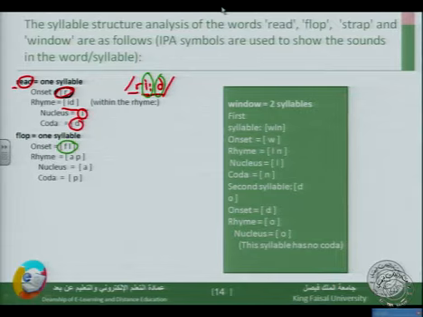We have FL as the onset, and the rhyme is ap. The nucleus is the vowel A, and P is the coda.